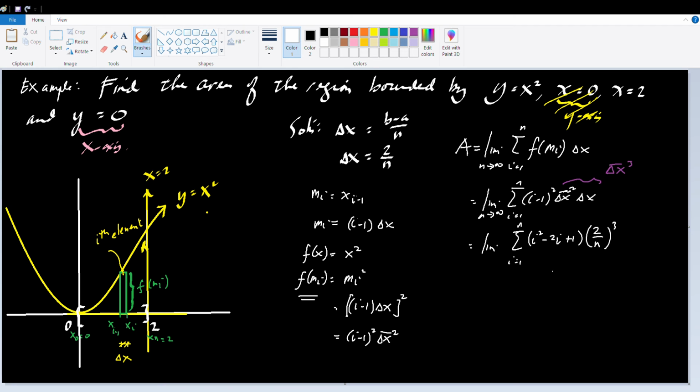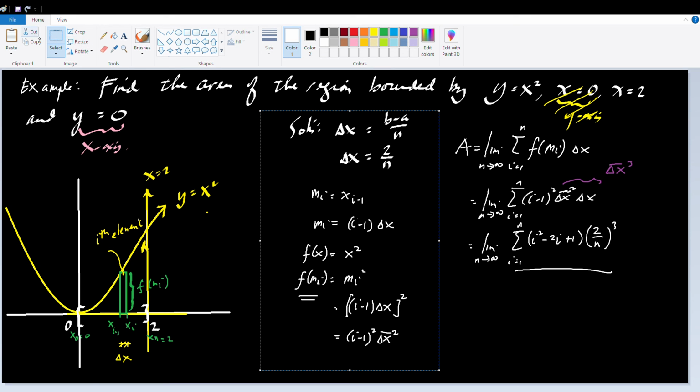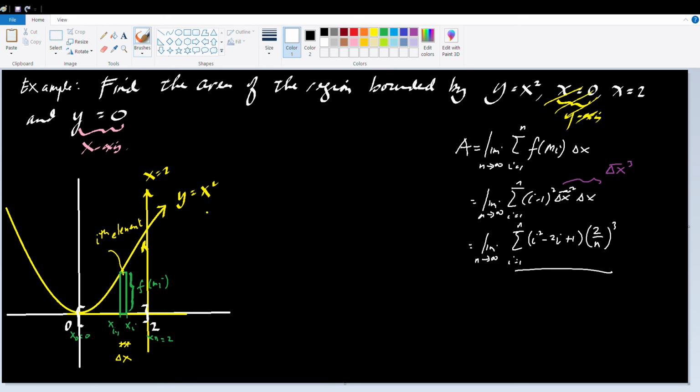Let us now evaluate this sum. We evaluate the sum of i squared minus 2i plus 1 times 2 over n quantity cubed, or 8 over n cubed, i from 1 to n.